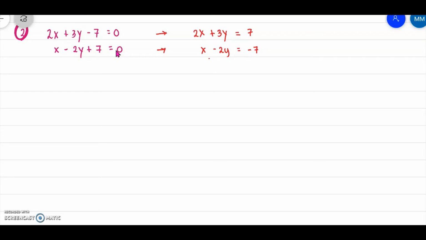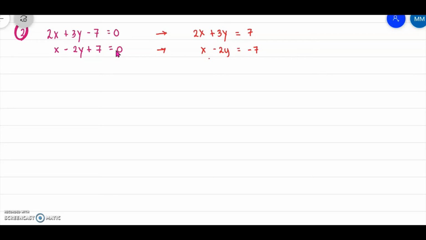Now that our given equations are already in standard form, we can proceed to step 2. Step 2, we need to check if we can eliminate a variable right away. Let's check the variable x. 2x plus x, will it give us 0?